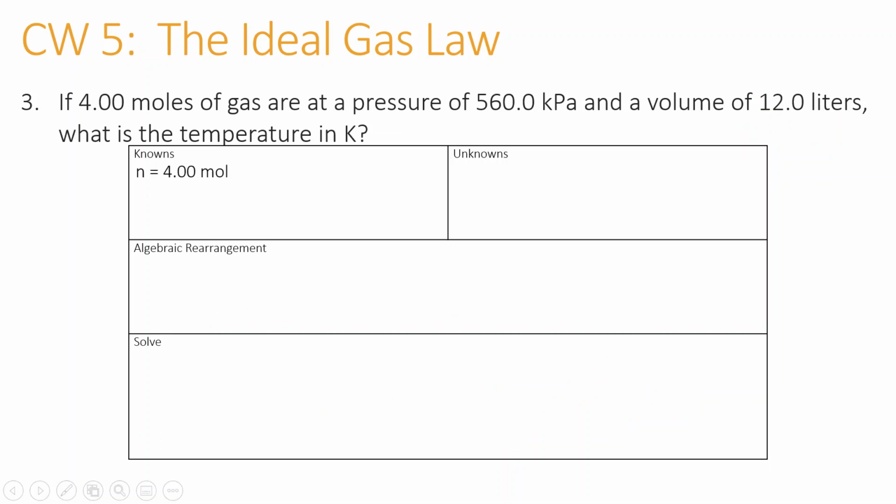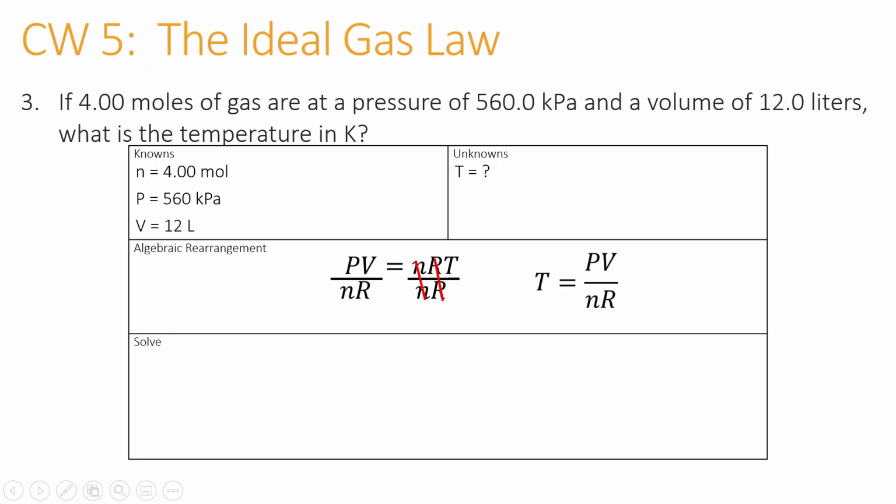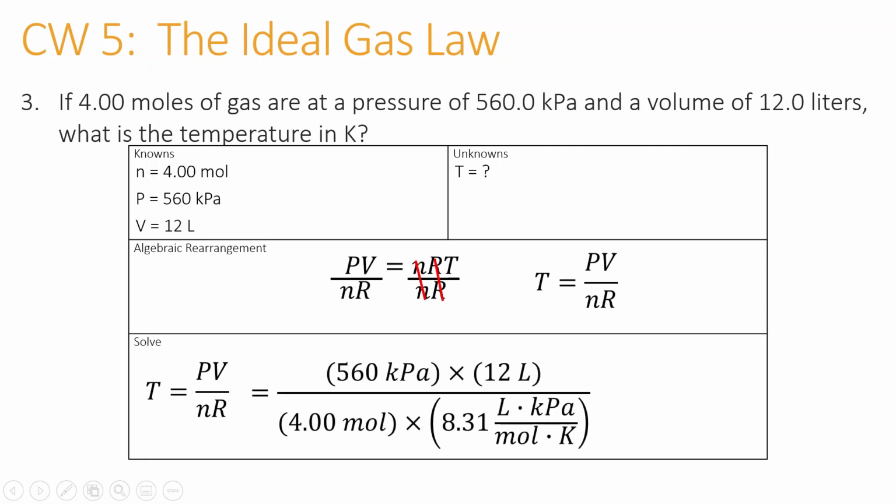If we have 4 moles of gas at a pressure of 560 kPa and a volume of 12 liters, what is the temperature in Kelvin? So since we're solving for T here, we need to divide by n times R, and we're left with T equals PV over nR. So I'm going to go ahead and plug in my variables here.